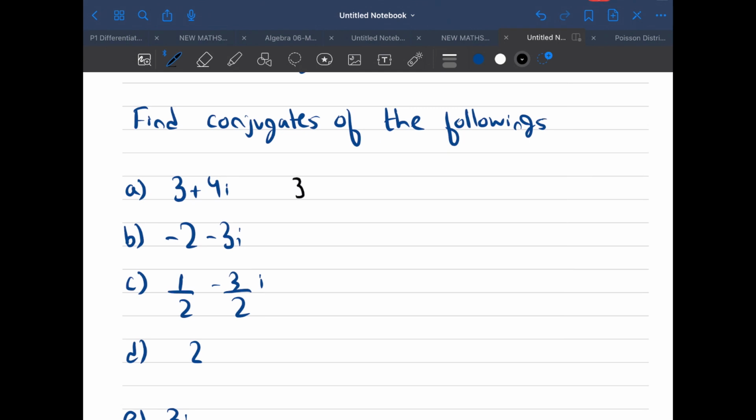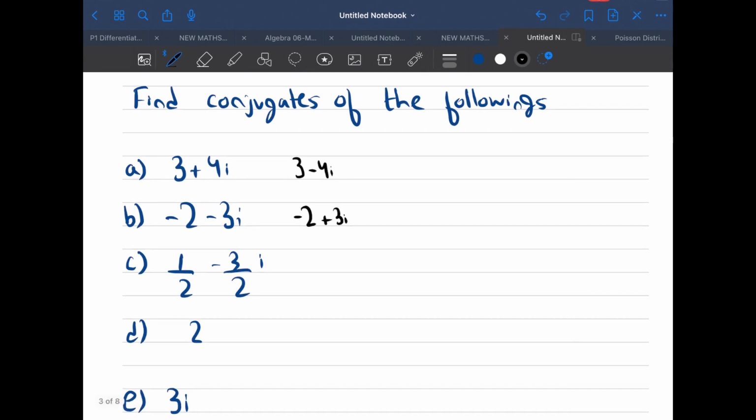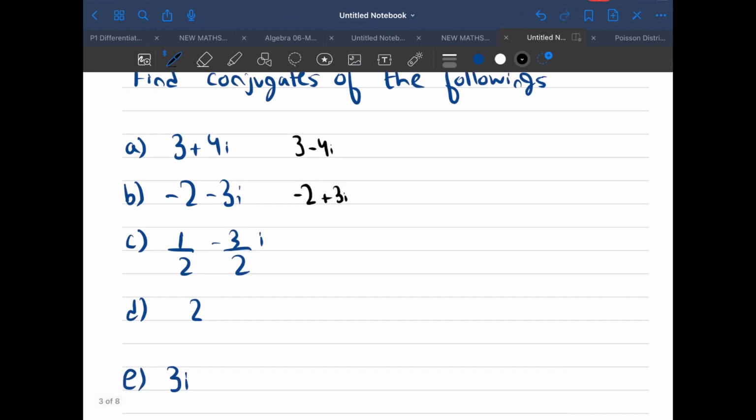It's going to be 3 minus 4 iota. What will be the conjugate of -2 minus 3 iota? It's going to be -2 plus 3 iota. What will be the conjugate of half minus 3 upon 2 iota? It's going to be half plus 3 upon 2 iota.